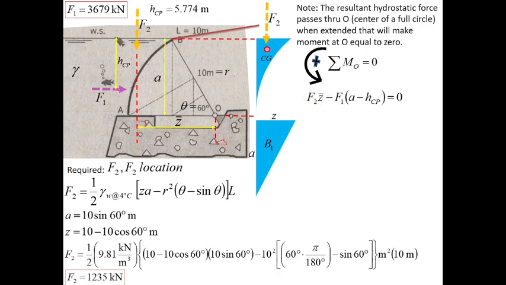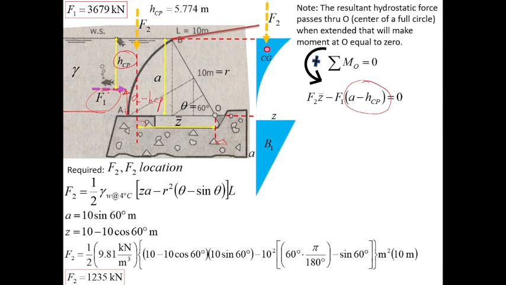Minus F1 times itong A minus HCP. Itong part na to, yung distansya na to ang tinutukoy, kung ang kabuuan niya ay A minus itong HCP.